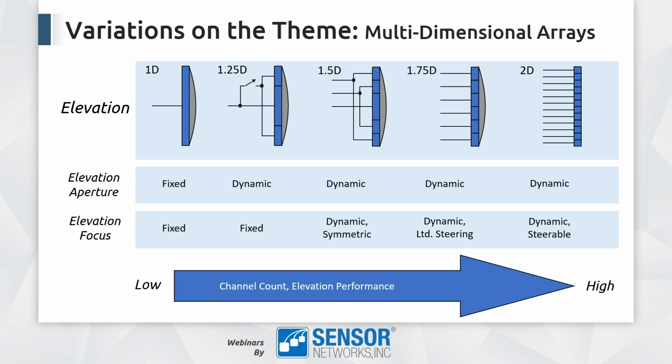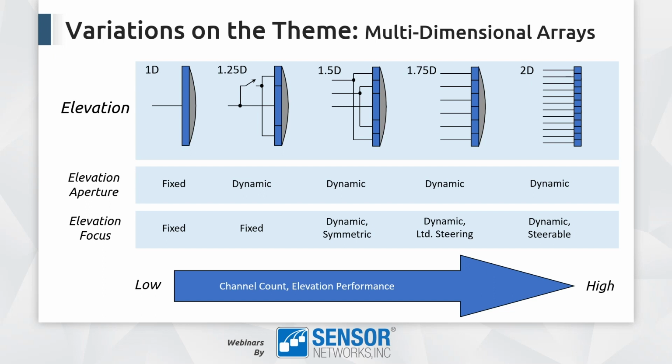So in reality, while we do use 2D arrays in industrial applications, oftentimes we back off of a full 2D array with equal pitch in two directions to one of these other variations of that general theme. This figure shows you the elevation direction, the elements across the elevation, a continuum from the 1D transducer all the way at the left to the 2D at the right.